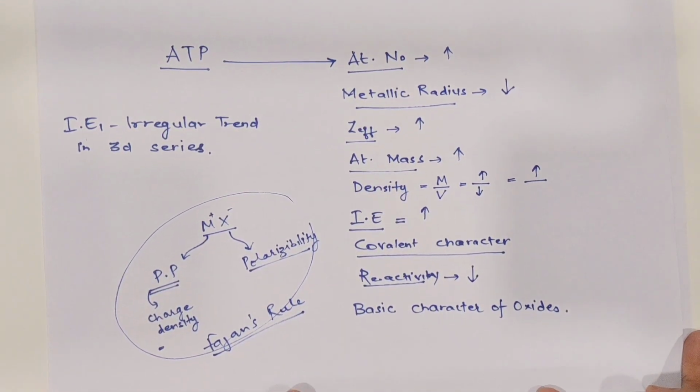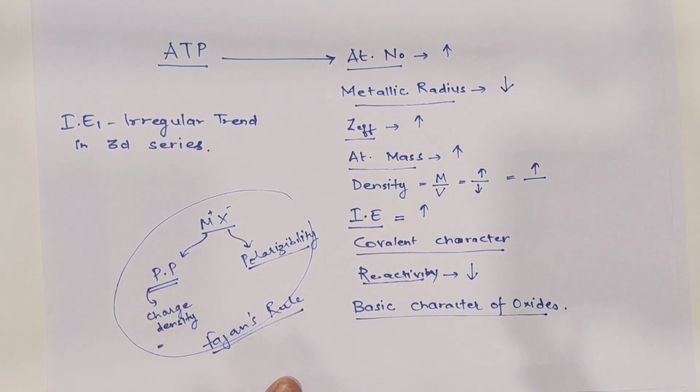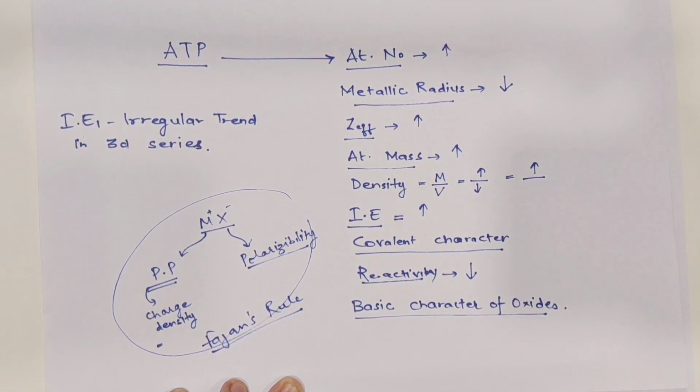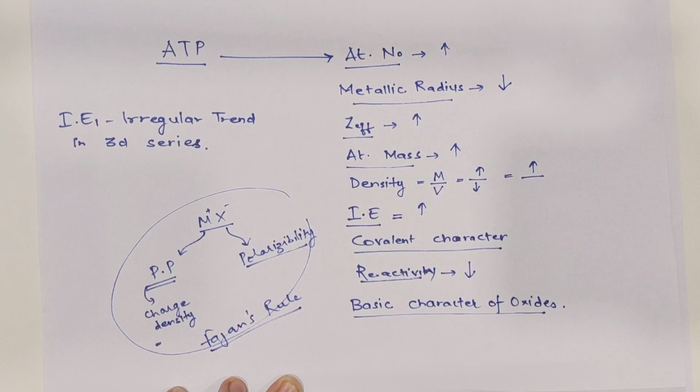Okay. Basic character of oxides. As we go along the period, the ionization energy increases. That means metallic character decreases, because what is metallic character? Metallic character is how easily a metal atom loses its electron, right? So if ionization energy is increasing, that means metallic character is decreasing.